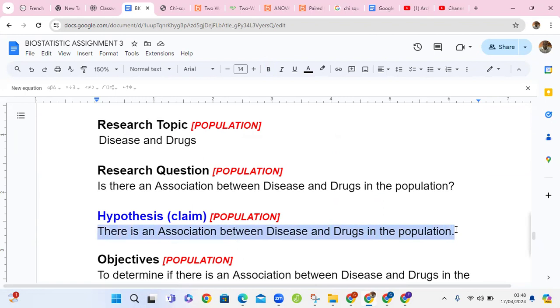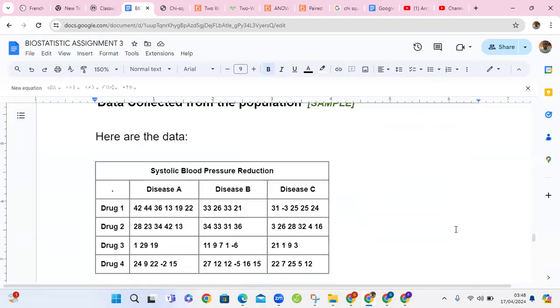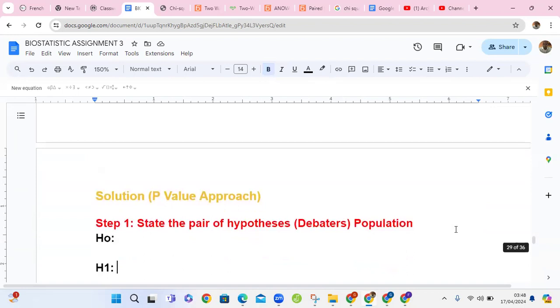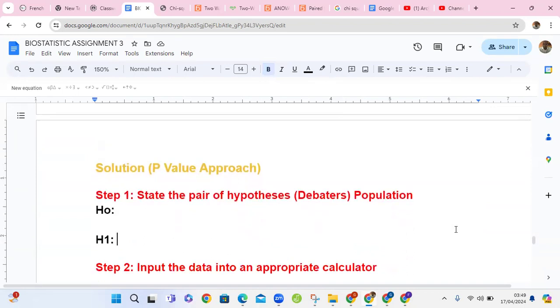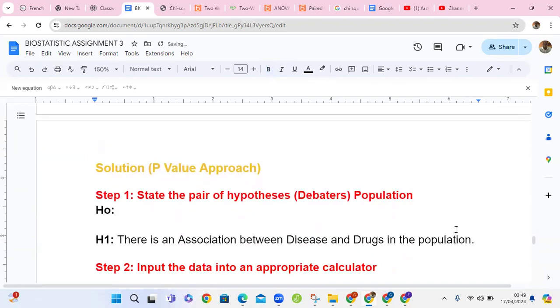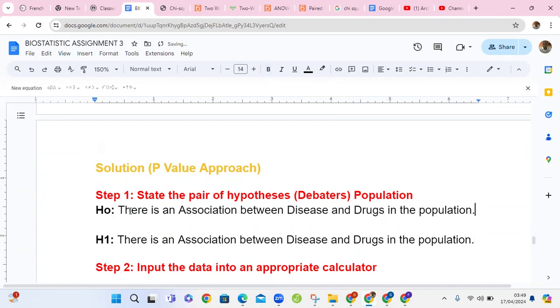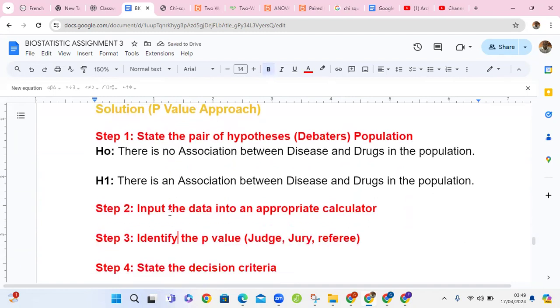We can simply copy and paste this, because for the chi-square test the hypotheses will be in words. So the alternative is saying that there is an association, whereas the null is saying there is no association.